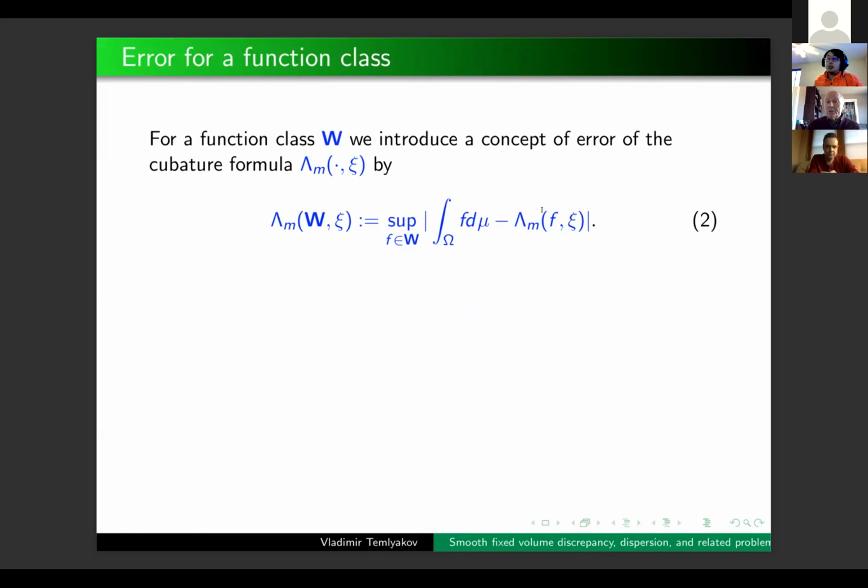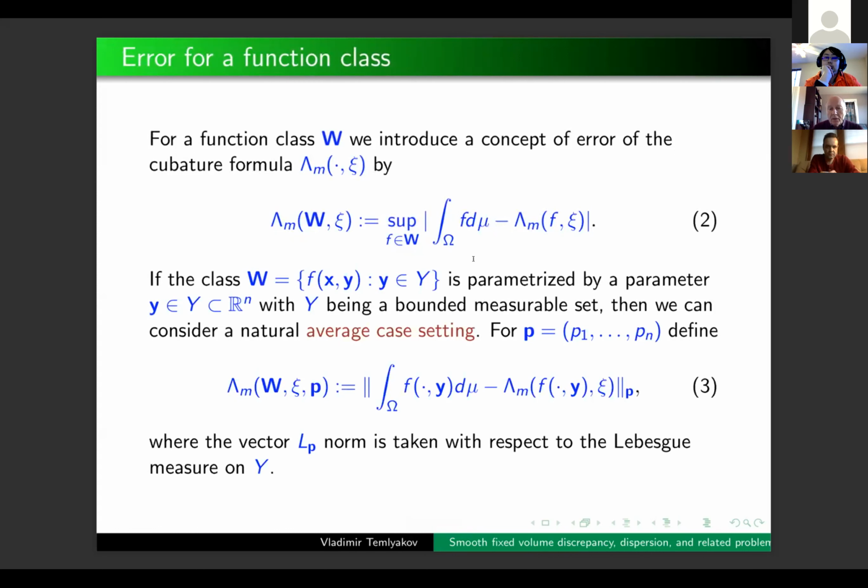Now the question, and this is our goal: if for a given function class W we want to find a cubature formula which is good for every function in this class, then we certainly need to solve this optimization problem. First we introduce the worst error for the numerical integration of functions in this class. We take the supremum over all the functions in this class.